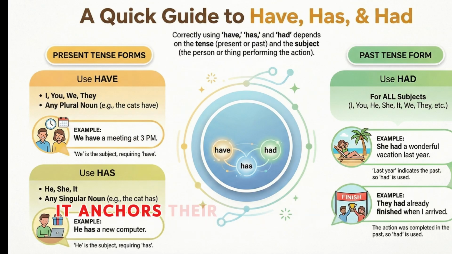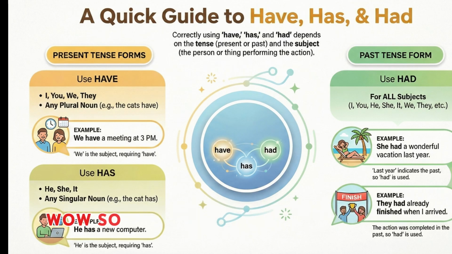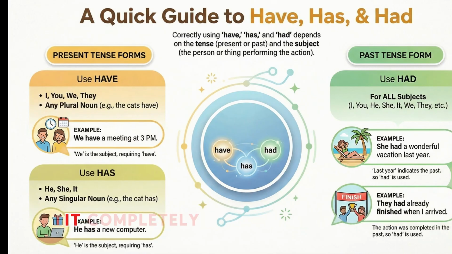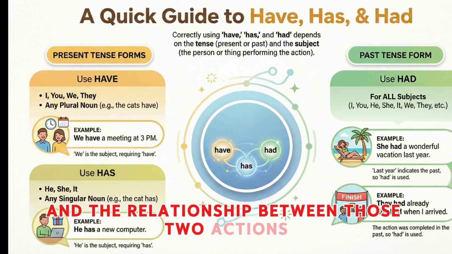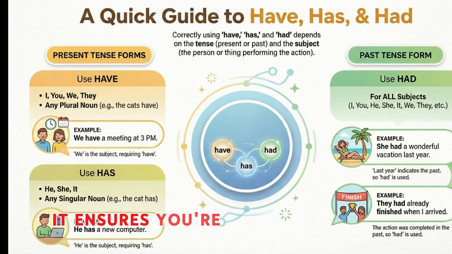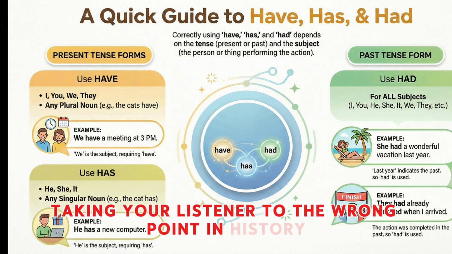It anchors their leaving deeper in the past. Wow. So that tiny three-letter word, had, completely shifts the timeline and the relationship between those two actions. That's the power the guide is highlighting. It ensures you're not accidentally taking your listener to the wrong point in history.